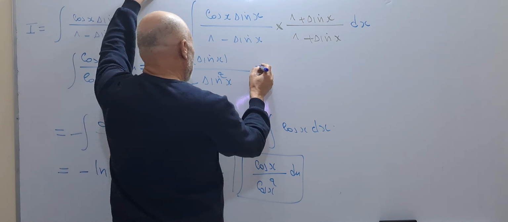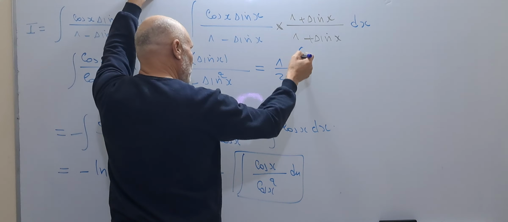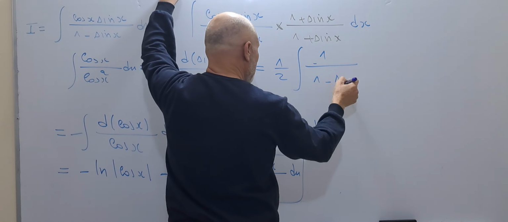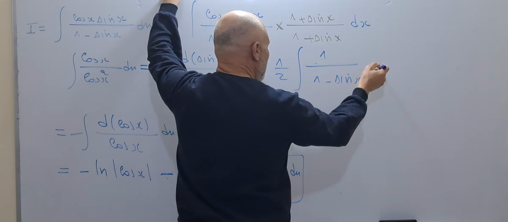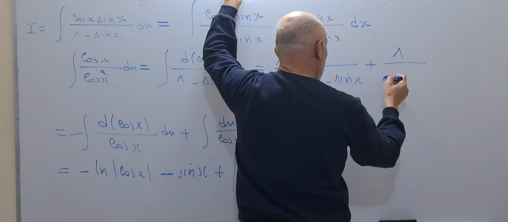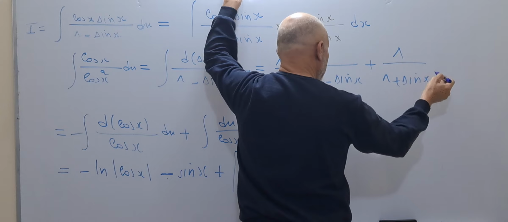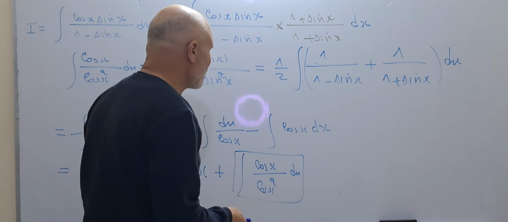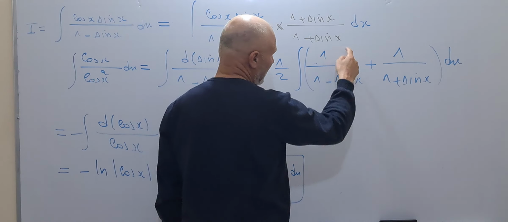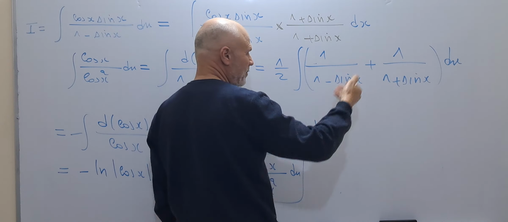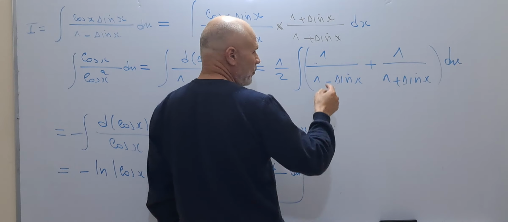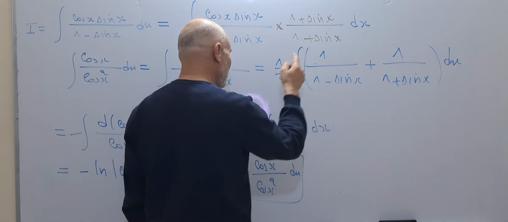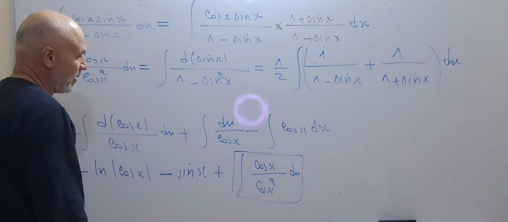And this is equal to 1 over 2 the integral of 1 over 1 minus sine x plus 1 over 1 plus sine x dx. Let us check. Here we have 1 plus sine x, 1 minus sine x. We cancel minus sine with sine. We get 2 over 1 minus sine x square, 2 with 2, so it is exactly this one.